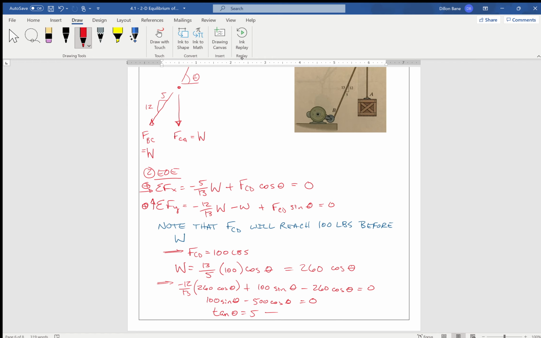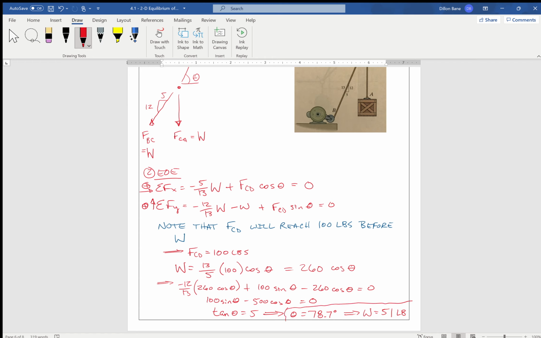And what we find is theta is equal to 78.7 degrees. When you plug that back into your weight equation, 260 cosine theta, we find that the weight comes out to be 51 pounds. And that's our answer.